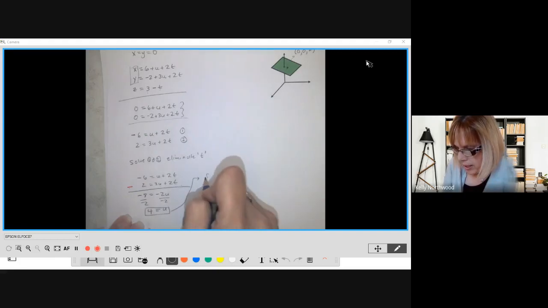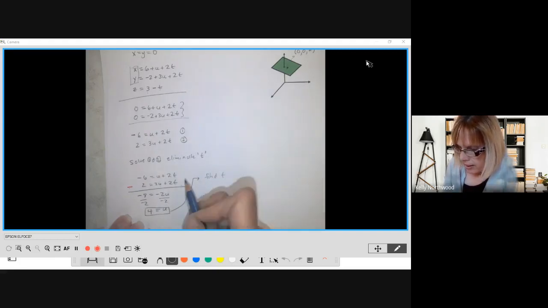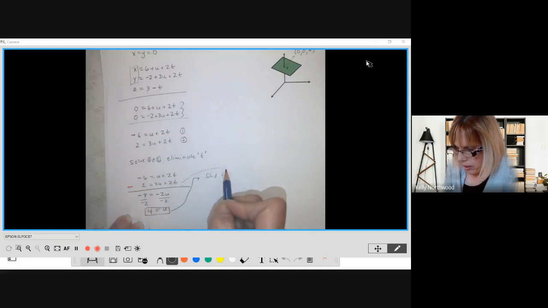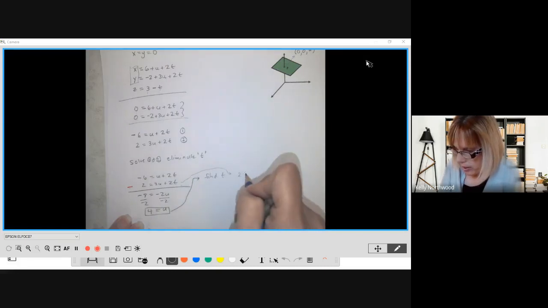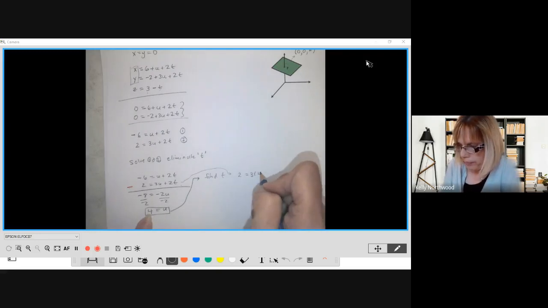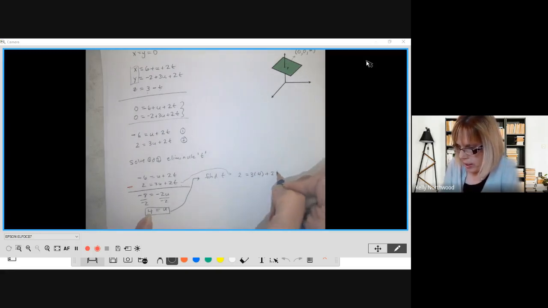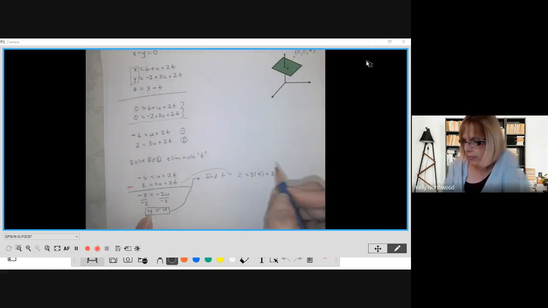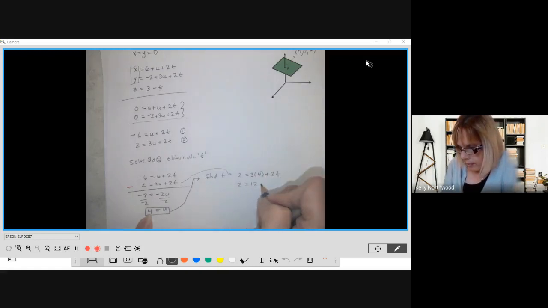Now we want to find t. I'm going to choose the second one. So 2 is equal to 3 times u, which is 4, plus 2t. Subtract 12 on both sides, and we get t is -5.